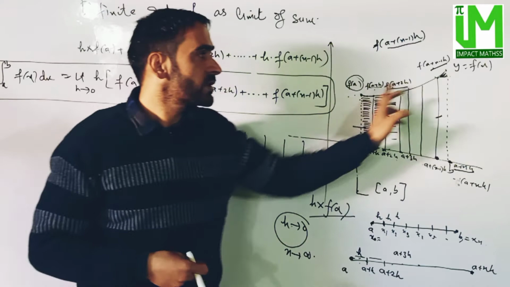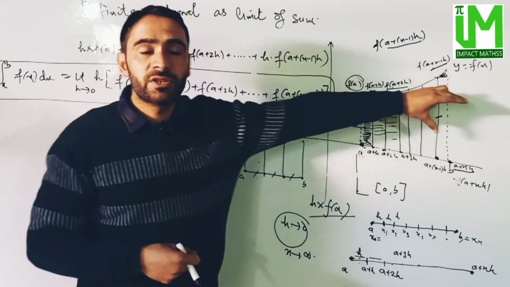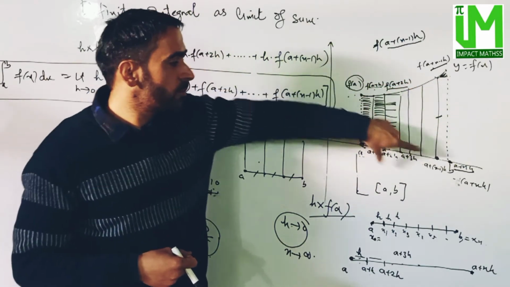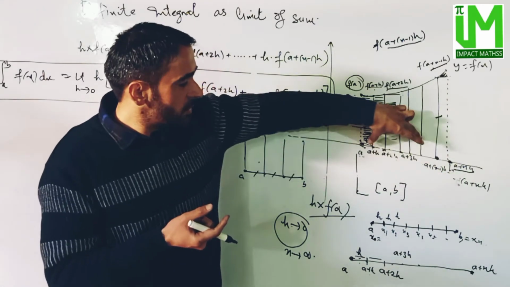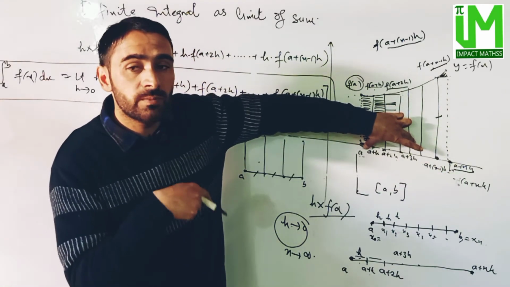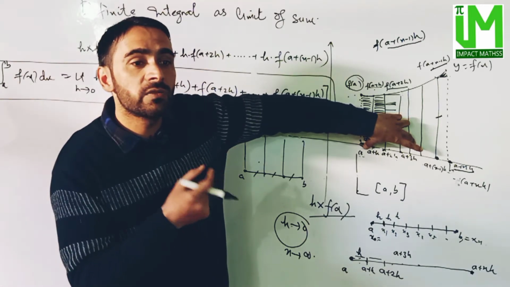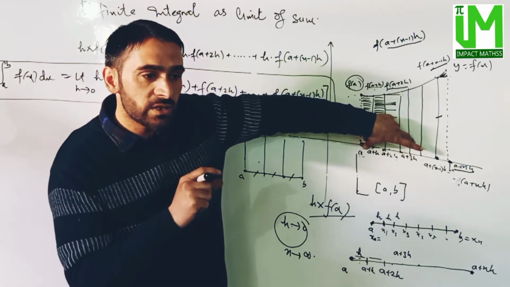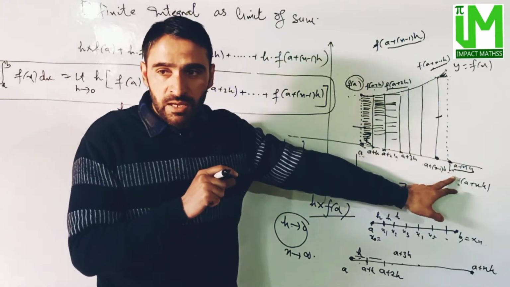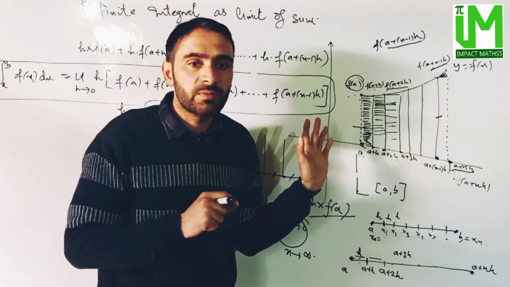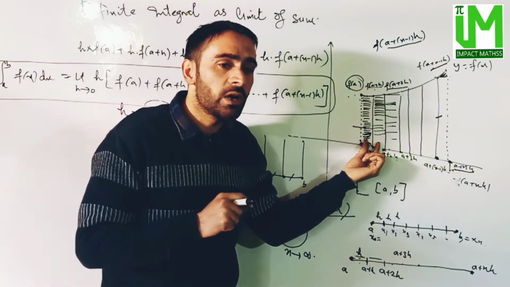So we have a given function y is equal to f of x, and we take the area under the curve from a to b. Then we simply divide this area into small rectangles, a partition of size n.